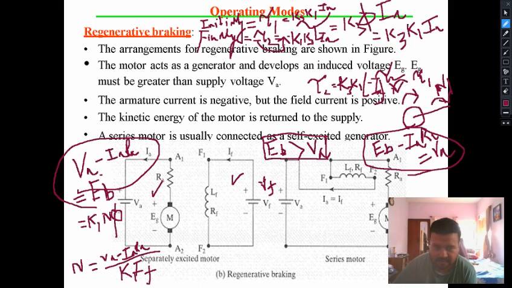So now I can write EB, which is equal to again K1 N phi, which is K1 K2 IF, is equal to VA plus IAR.